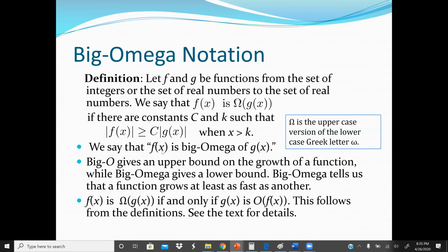The big O gives an upper bound on the growth of a function, while the big omega gives a lower bound. So big omega tells us that a function grows at least as fast as another. So f at x is big omega g at x if and only if g at x is big O of f at x. Again, big omega will give us the lower bound.